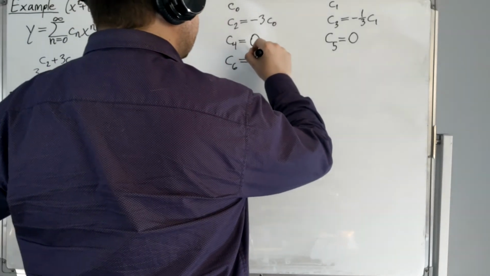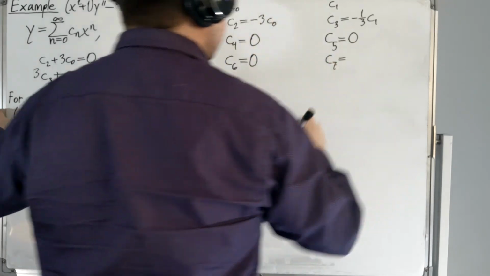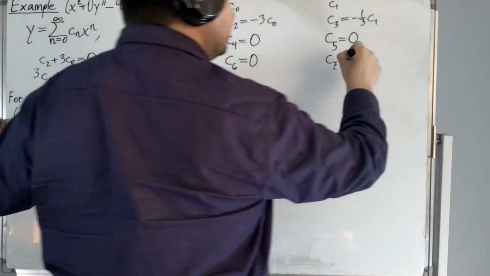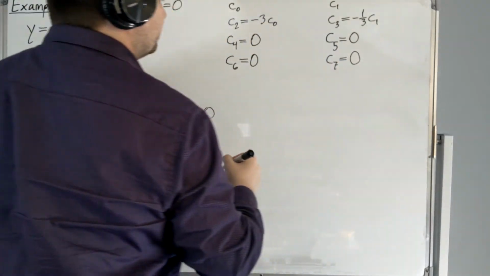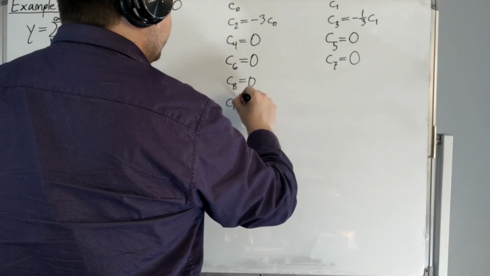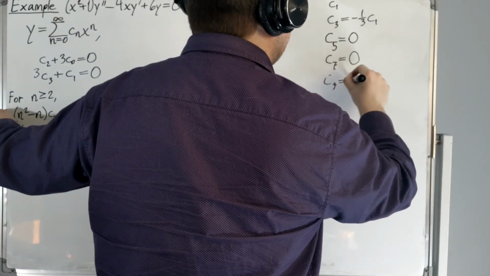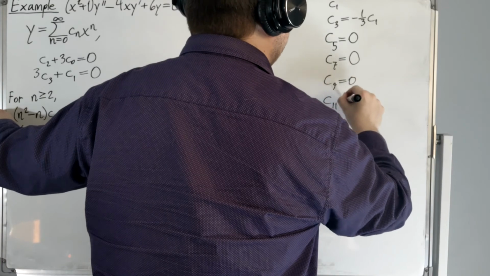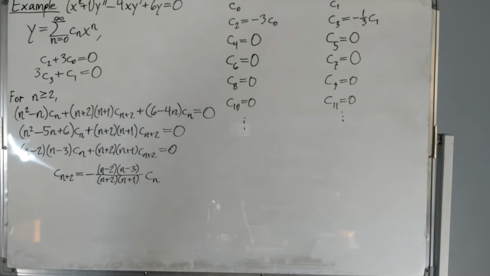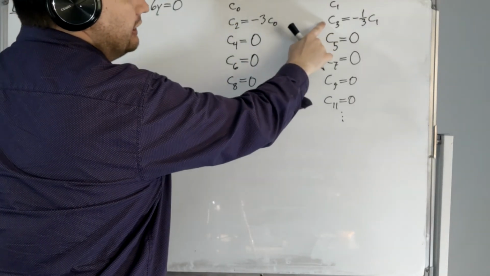C4 is 0, so C6 is 0. C7, according to our recurrence relation, that's going to be something times C5. C5 is 0, so C7 is going to be 0. And then C8 is 0, and C10 is 0, and so on. And C9 is 0, and C11 is 0, and so on. So what we get is all the coefficients are 0 except C0, C2, C1, and C3.